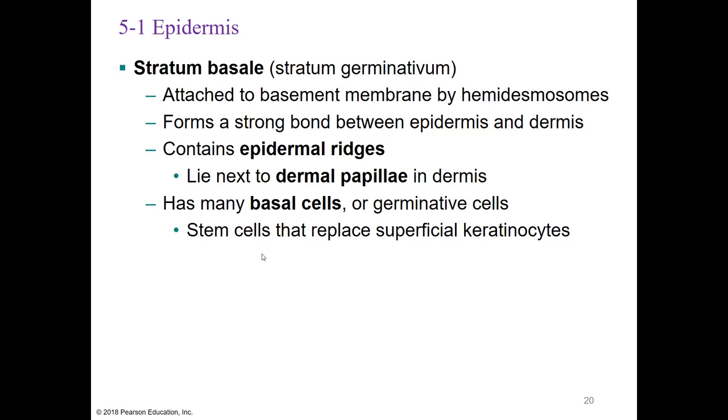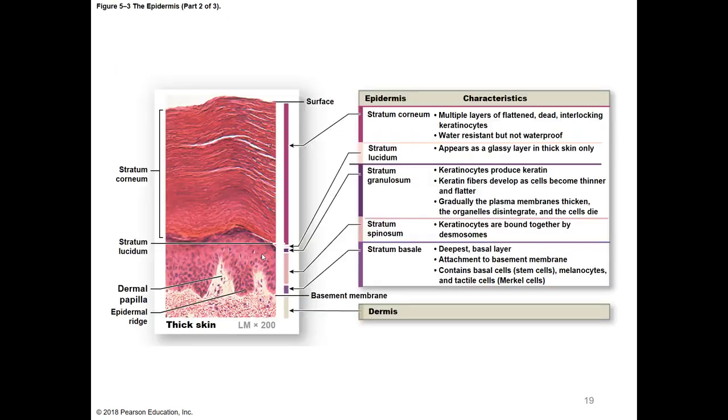We have epidermal ridges in the stratum basale, and those are the ones we talked about that fit with the dermal papilla like a lock and key or two puzzle pieces. And there are basal cells, which are stem cells that produce new skin cells.